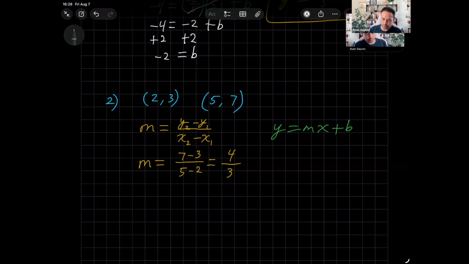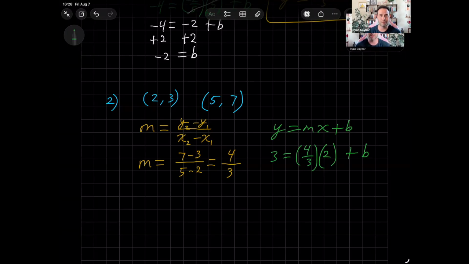So I'm going to use, let's say, the 2, 3. So we know that the 3 is the y, and the m is 4/3, the x is 2, and then again we're missing the b. Now I'm going to look out for cross cancellation, but I don't see any, right?